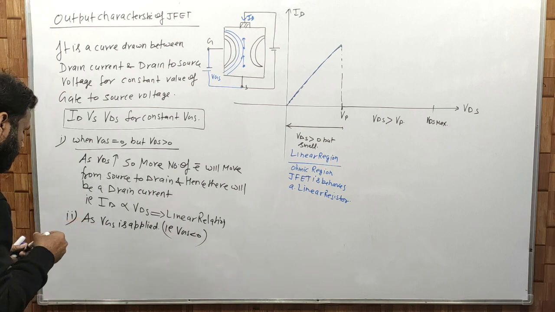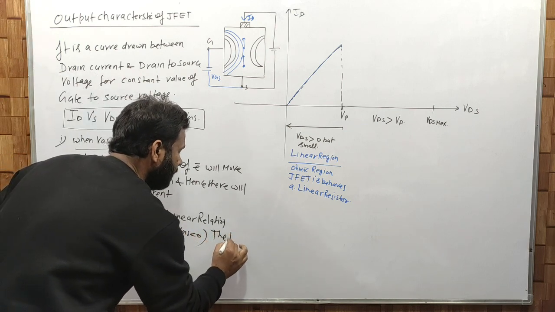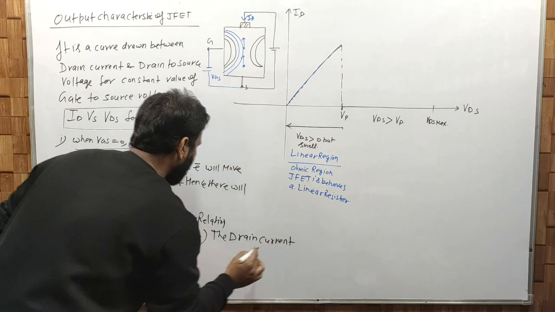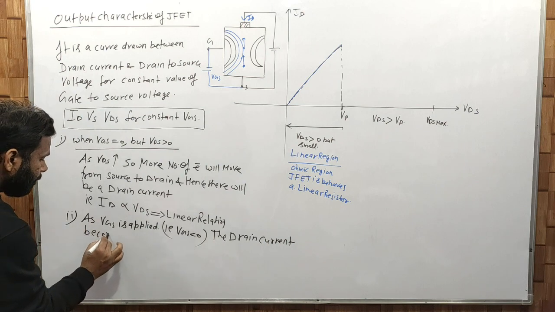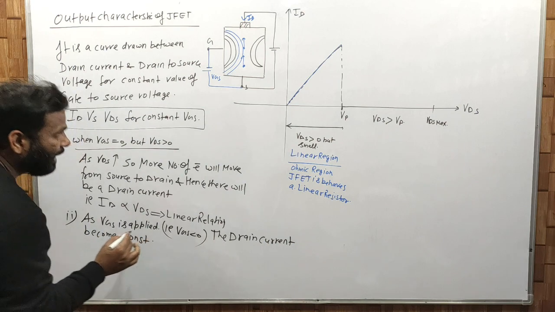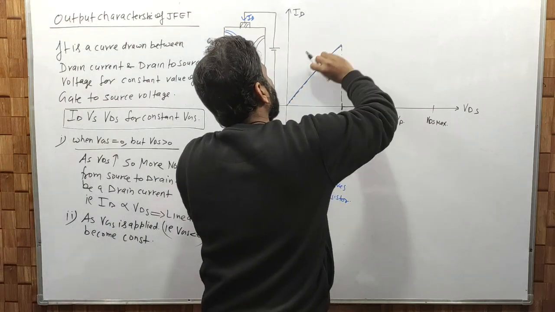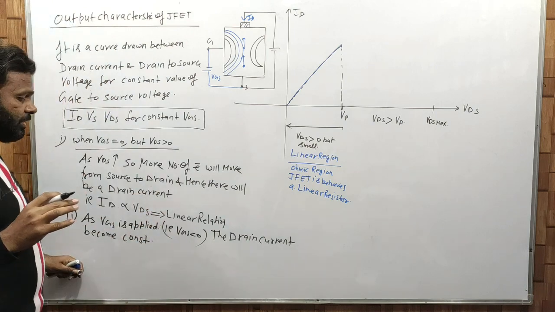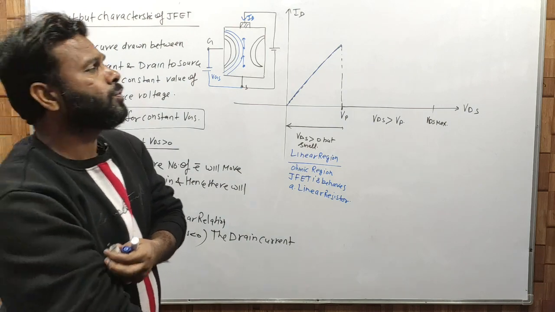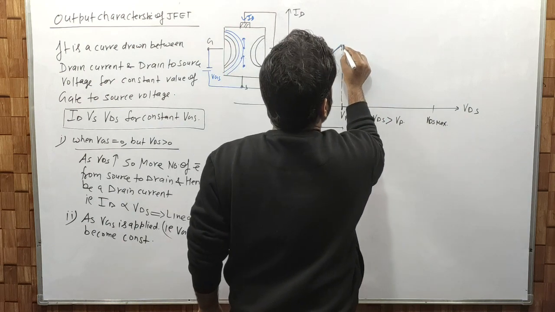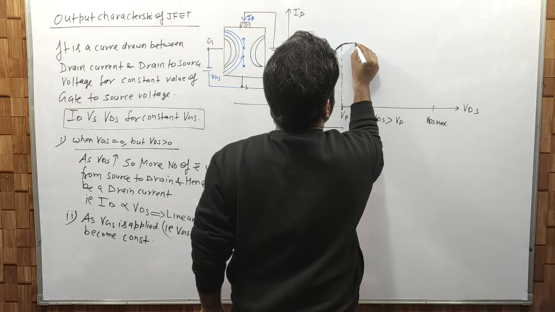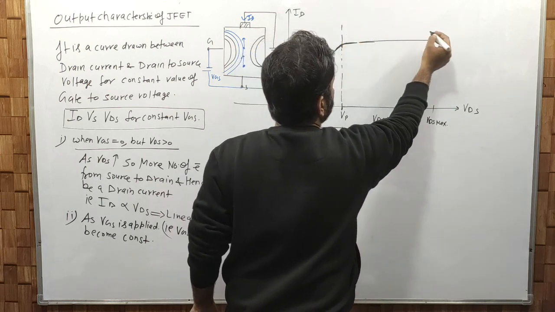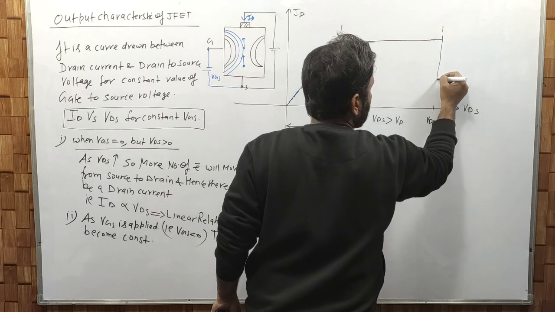So as VGS is applied, the drain current becomes constant. पहले क्या हो रही थी, इस रीजन में जैसे जैसे हम VDS को बढ़ा रहे थे वैसे वैसे ड्रेन करंट इंक्रीज हो रही थी। बट जैसे ही हमने VGS लगाया, हमारी ड्रेन करंट कांस्टेंट हो गई। Now this is a curve. Now this constant value is known as this constant value.